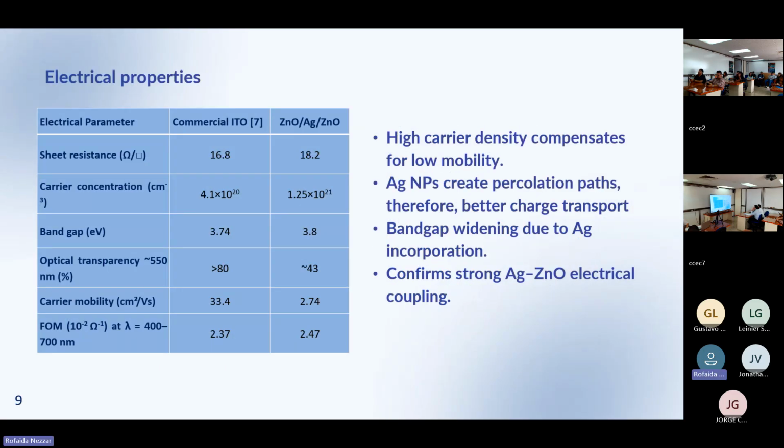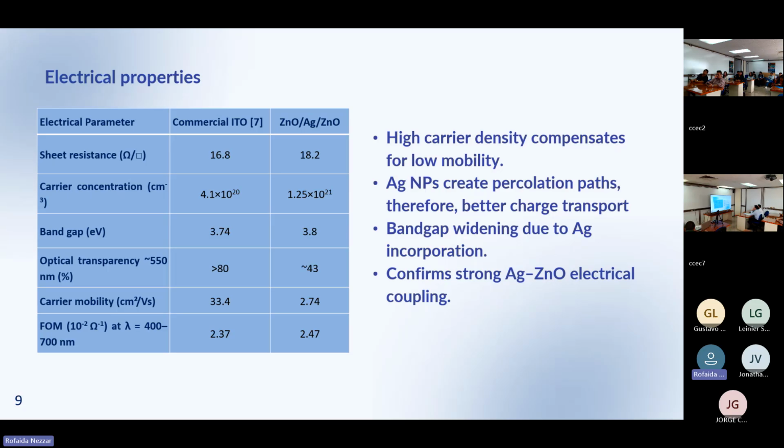Now, if we look at the electrical performance, we can see that the sheet resistance of the three-layer film is pretty much close to indium tin oxide, which is a very strong result. The carrier concentration in the zinc oxide, silver, zinc oxide three-layer is about 3 times higher than in indium tin oxide.